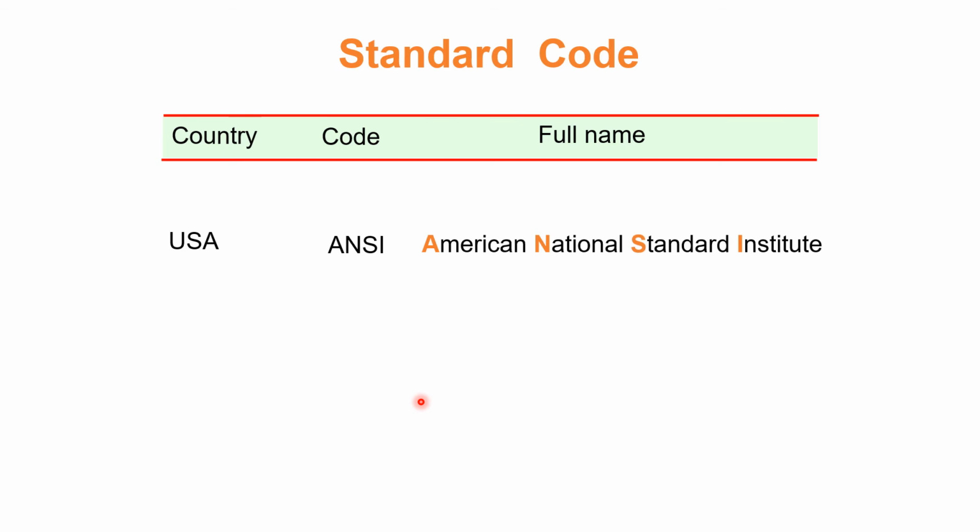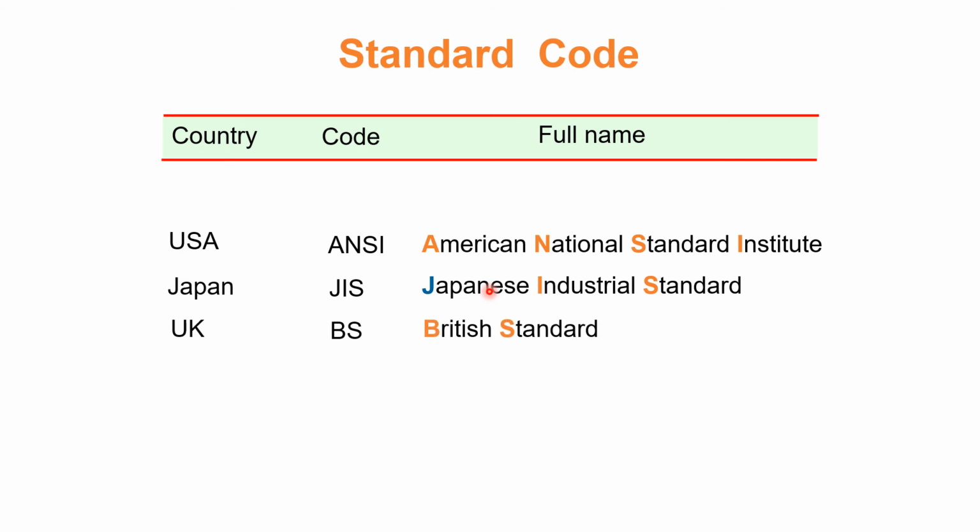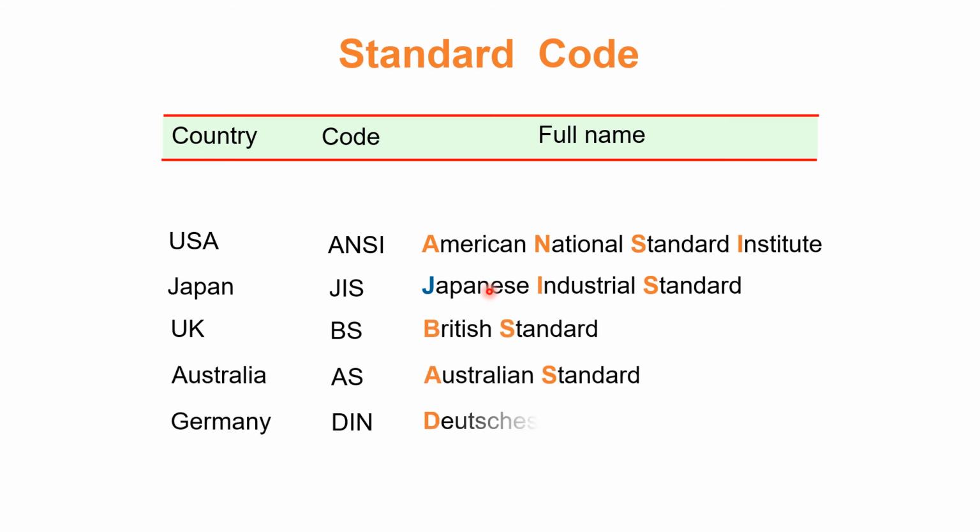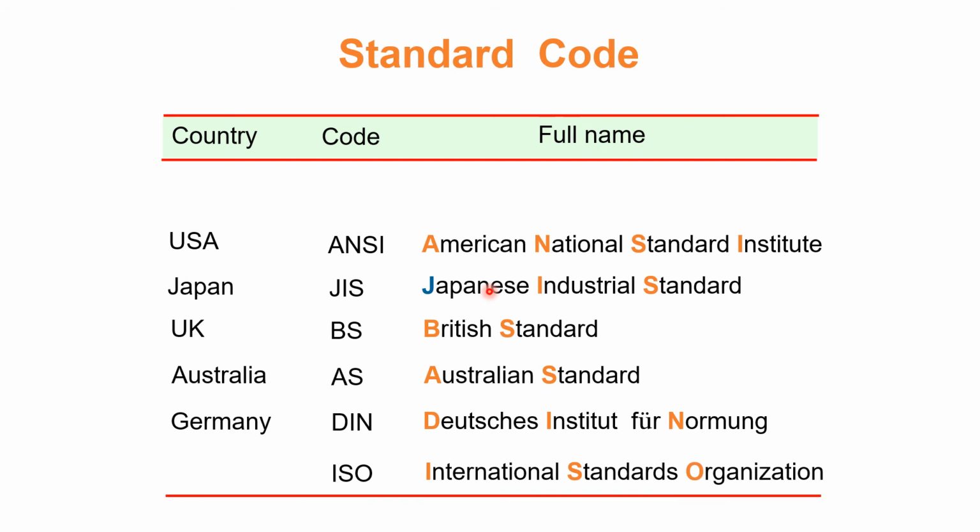Standard codes come in different types: USA, ANSI, the abbreviation for American National Standards Institute; Japan, JIS, Japanese Industrial Standard; UK, British Standard; Australia; Germany; and ISO, International Organization for Standardization.